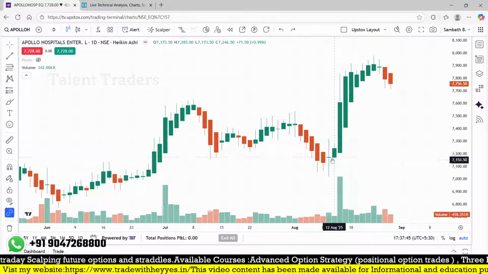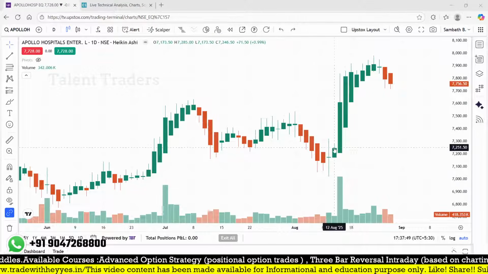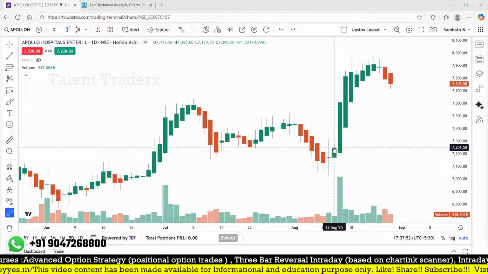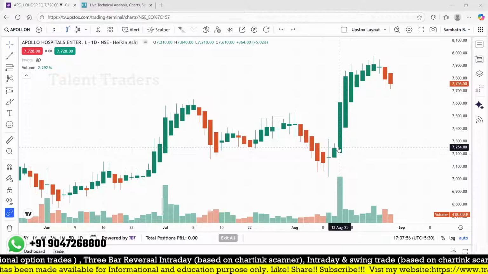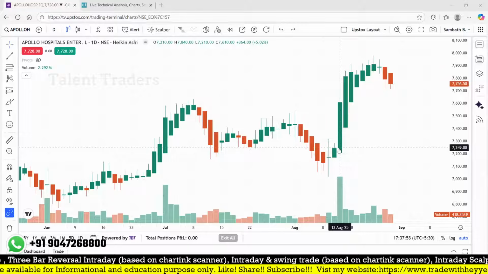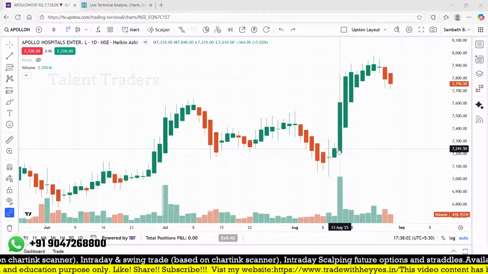You can even define that it should be an open low candle, meaning Ikanashi without a lower shadow. That will help you find such stocks, and you can also modify and update these things.